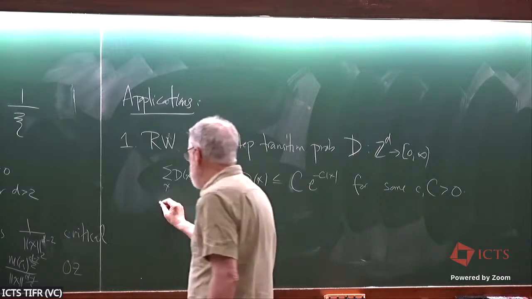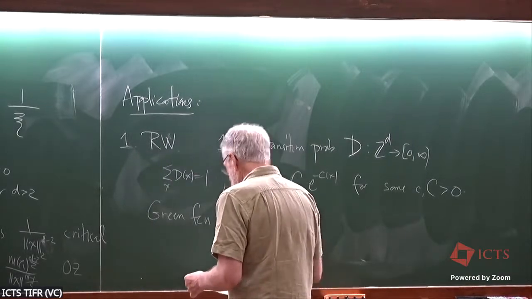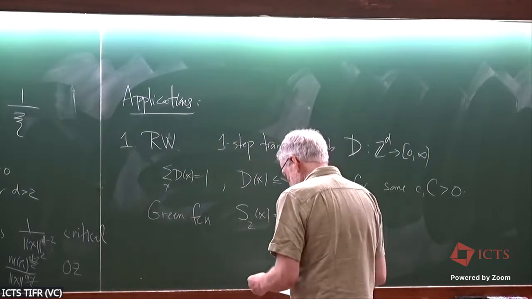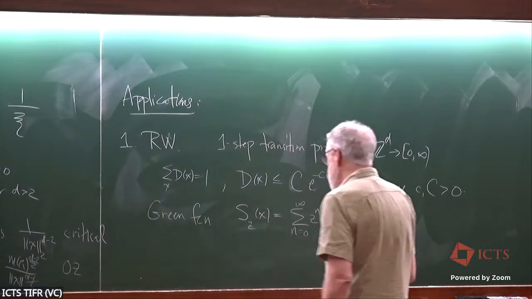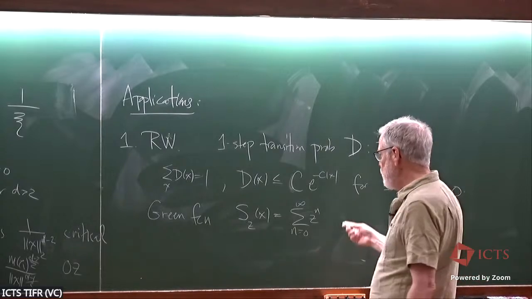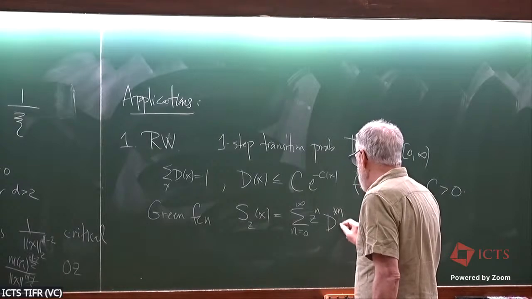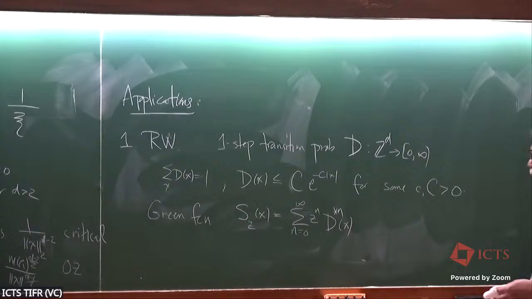Then the massive Green function is S_z of x. It's the sum n equals 0 to infinity, z to the n times the n-step transition probability, which is just the n-fold convolution of the one-step transition probability. So it would be D n-fold convolution at x. That's the Green function, the massive Green function.